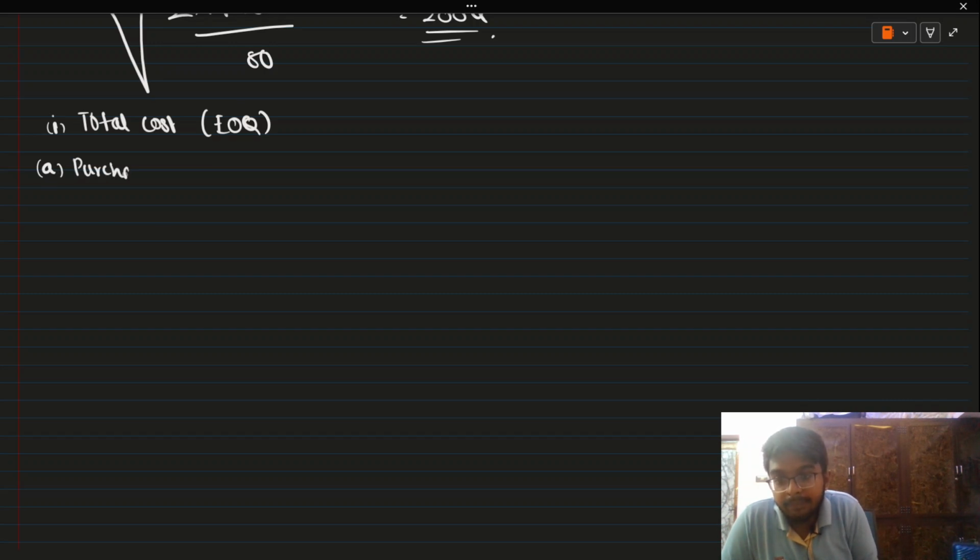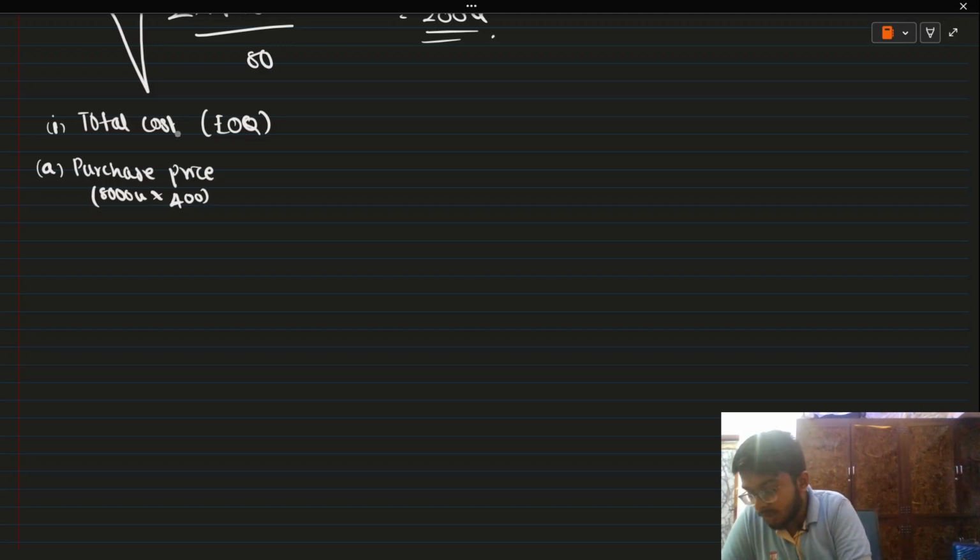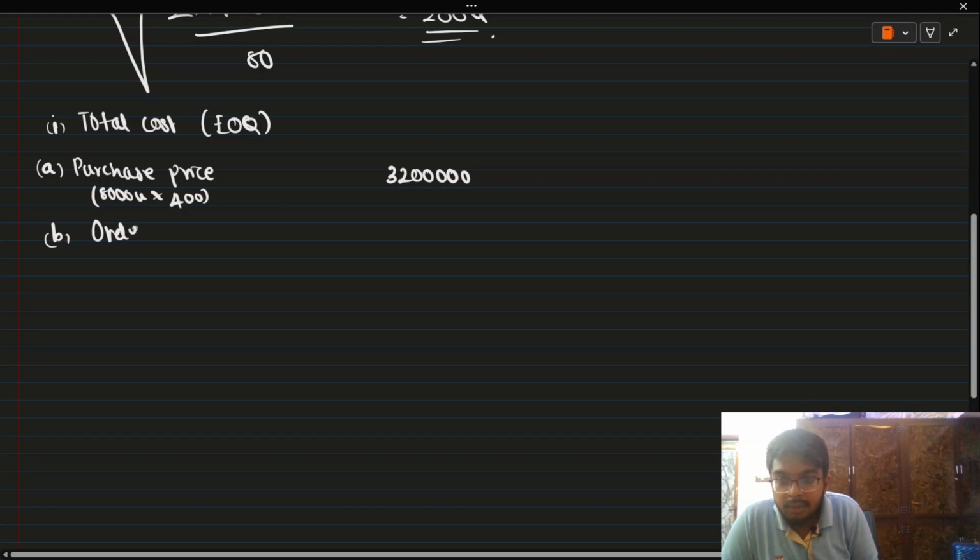Purchase price, 8,000 units into 400 per unit. Am I right? 8,000 into 400 comes to 32 lakh. Then we have ordering cost.